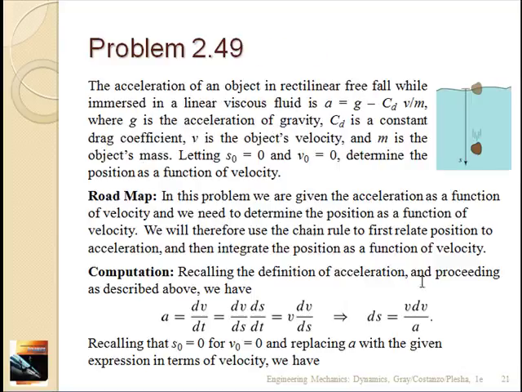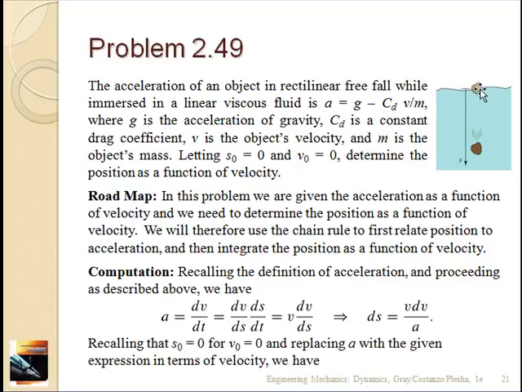All right, let's do one more problem. In this case, we have an object falling in a fluid, let's say water, and we're told that the acceleration is the acceleration due to gravity minus some constant times v over m, where v is the velocity and m is the mass of the particle. This is typical, so you can think of this as a drag force.